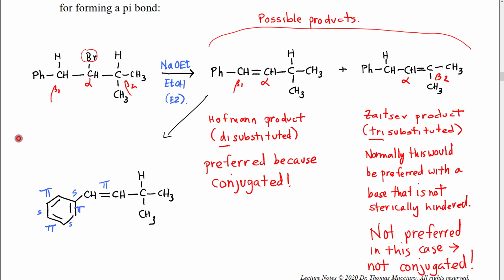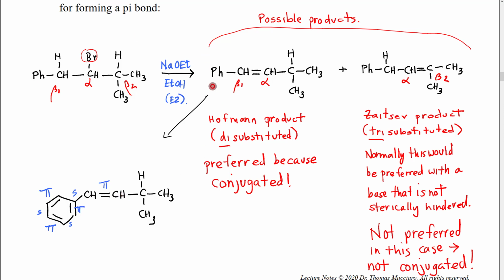Okay? The phenyl group itself already has pi bonds and is conjugated. And in fact, it has a pi bond here adjacent to this single bond. And then if we form another pi bond, that would also be conjugated.